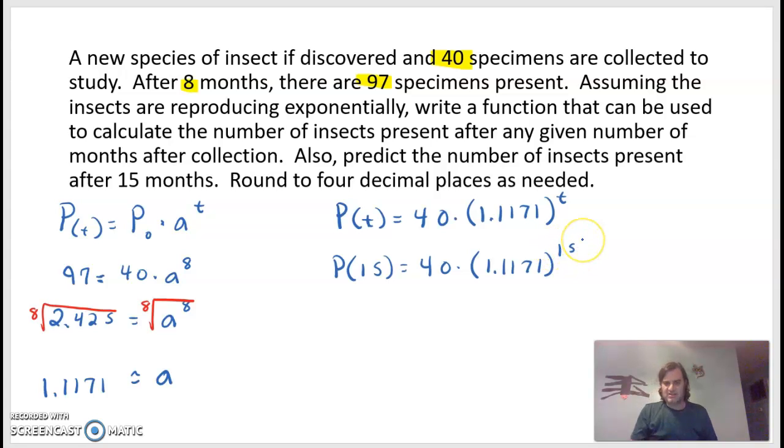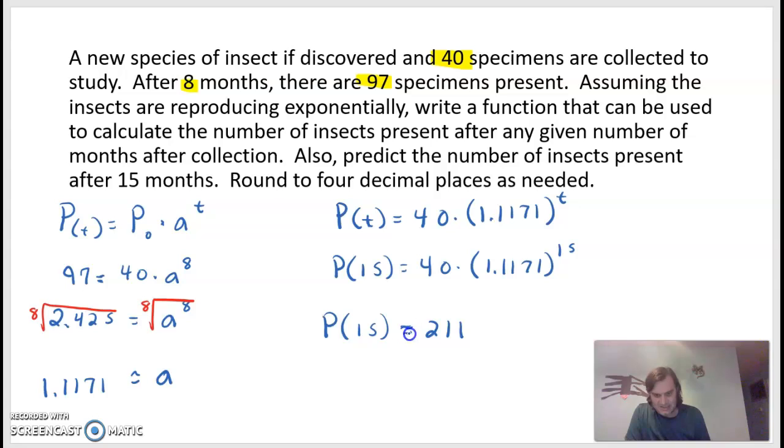Okay, so I'm using my calculator, 40 times 1.1171 to the 15, and I better get something bigger than 97. So I'm going to hit equals, and I'm going to find out that P of 15, that means after 15 months, there's 211.